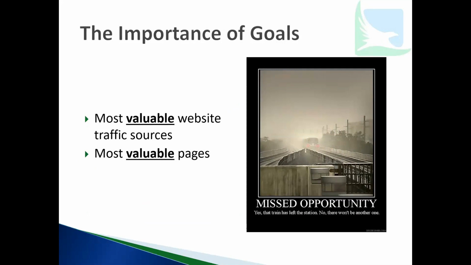So I didn't use popular, I used valuable. In other words, what are the traffic sources most likely to trigger what you want people to do on your website? What are the pages most likely to trigger what you want people to do on your website?